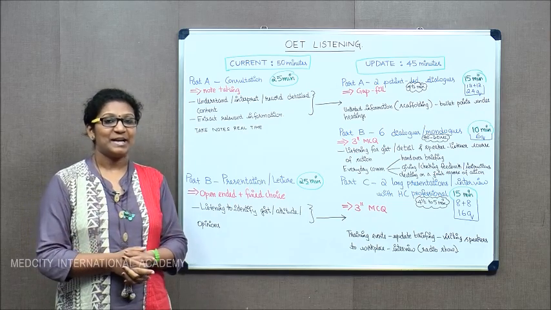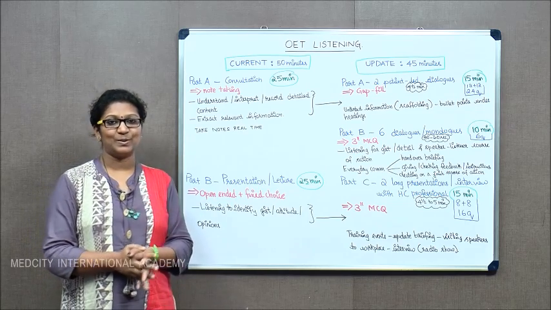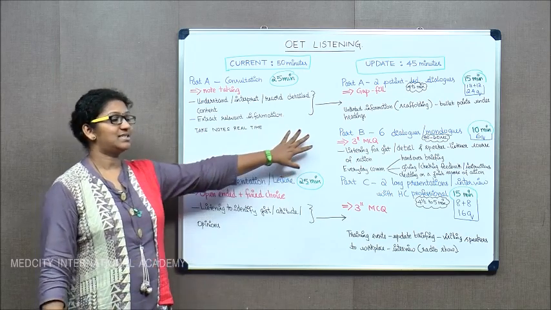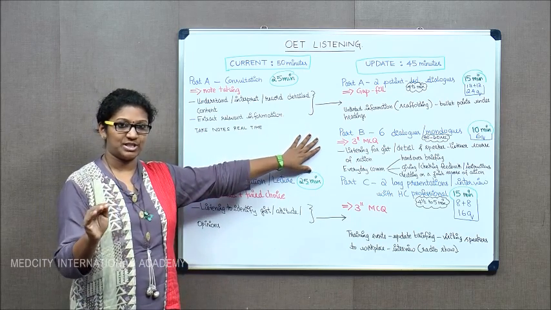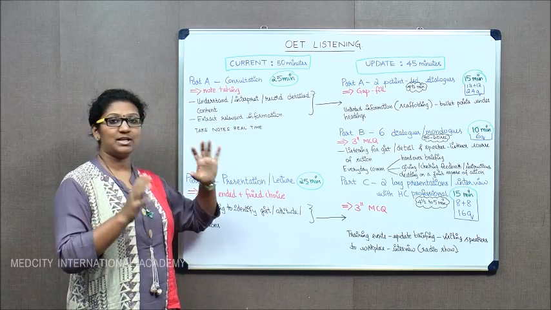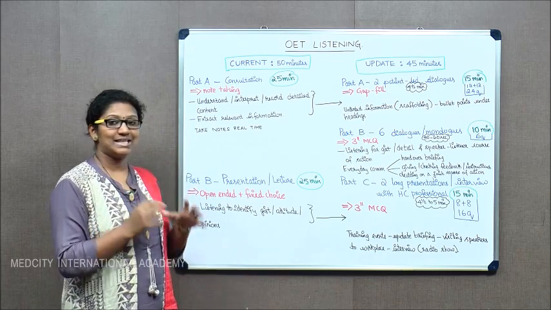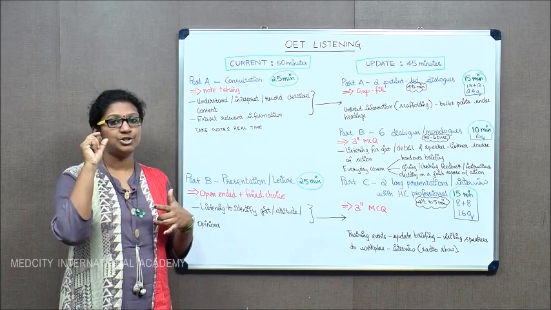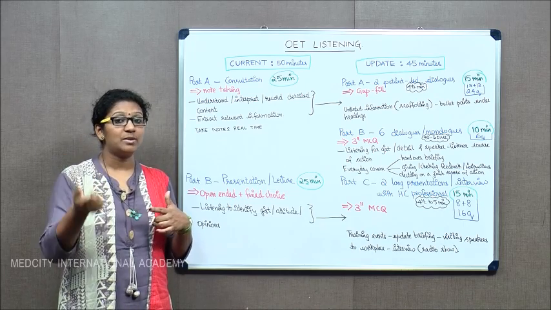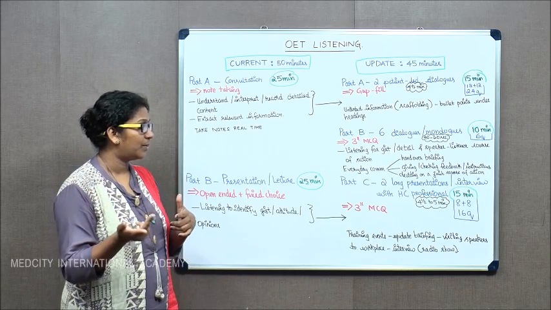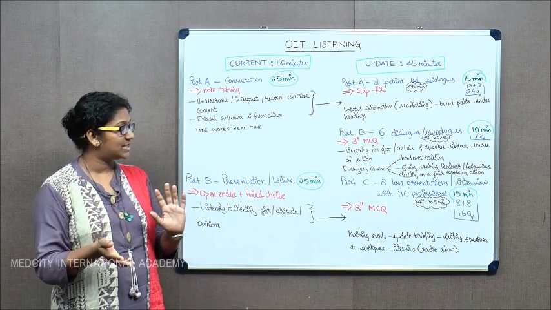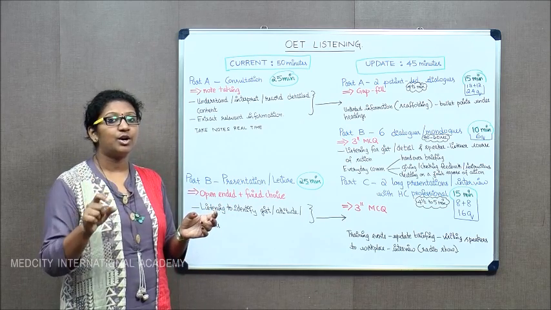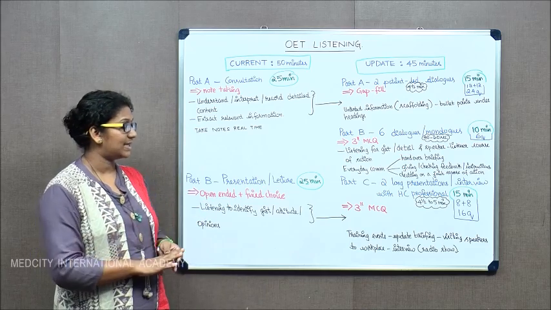So there is another part in the updated OET listening, which is part B, and that is the new section being introduced, and that will be a 10-minute long section with 6 dialogues or monologues. There are 6 short audio clips. It could either be a dialogue or a monologue, and each recording will last for about 40 to 60 seconds.